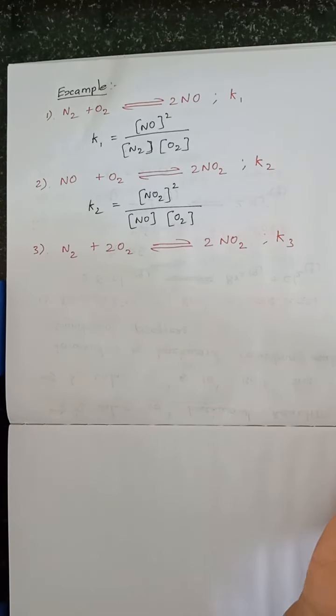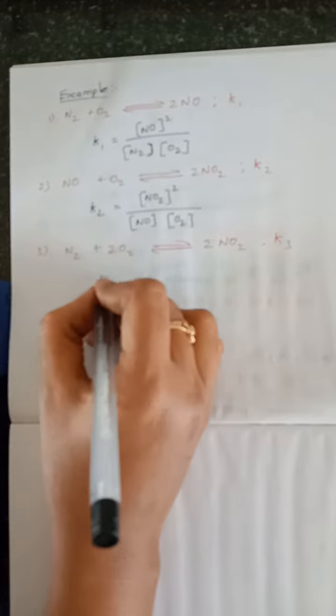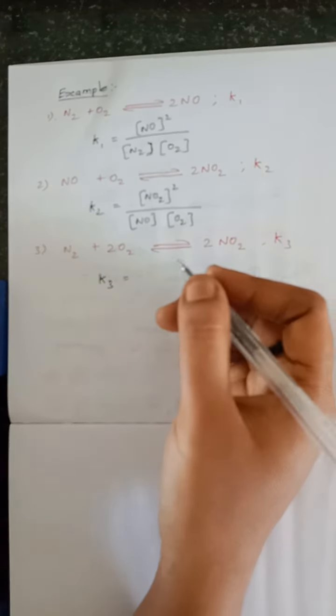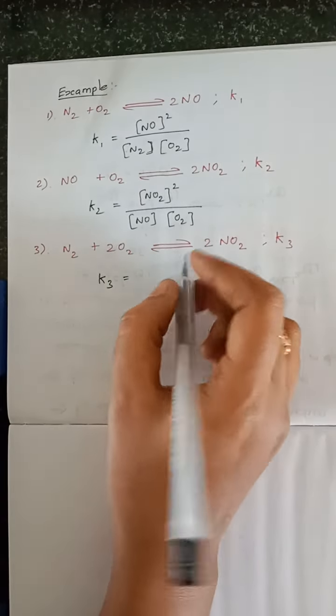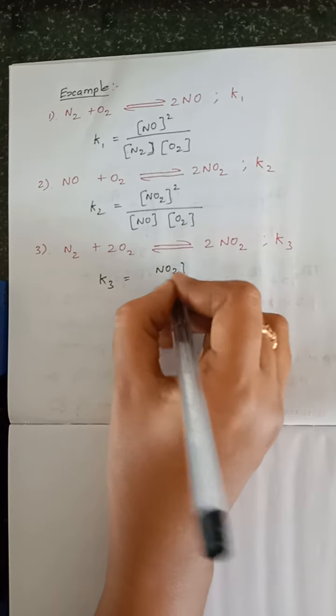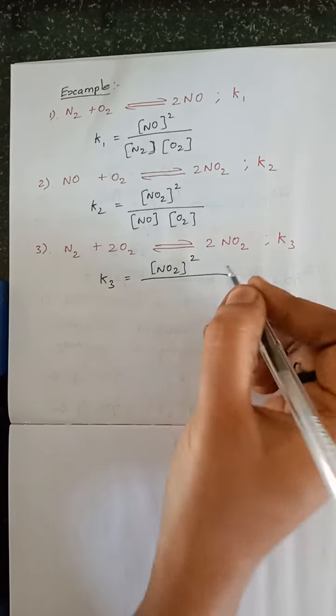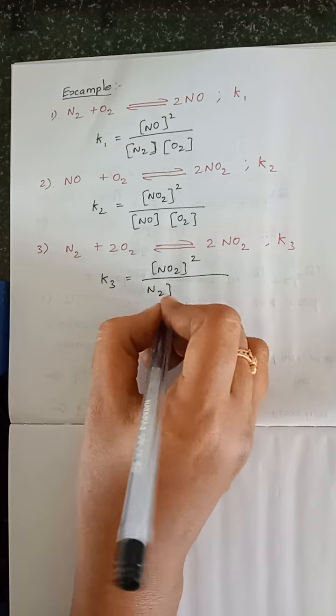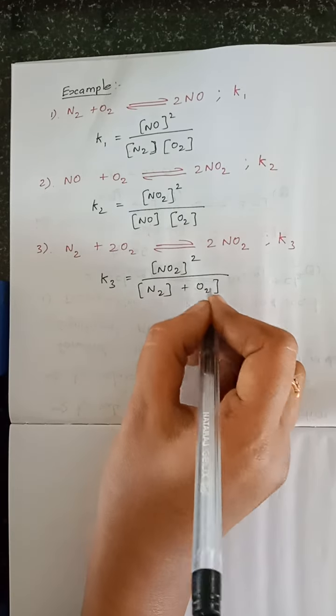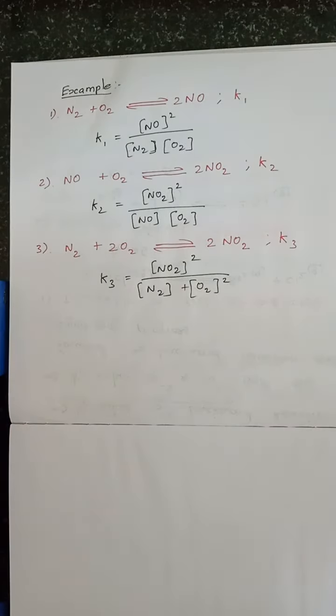The K3 value is the forward reaction divided by the backward reaction. So NO2 concentration squared divided by N2 and O2 concentration.